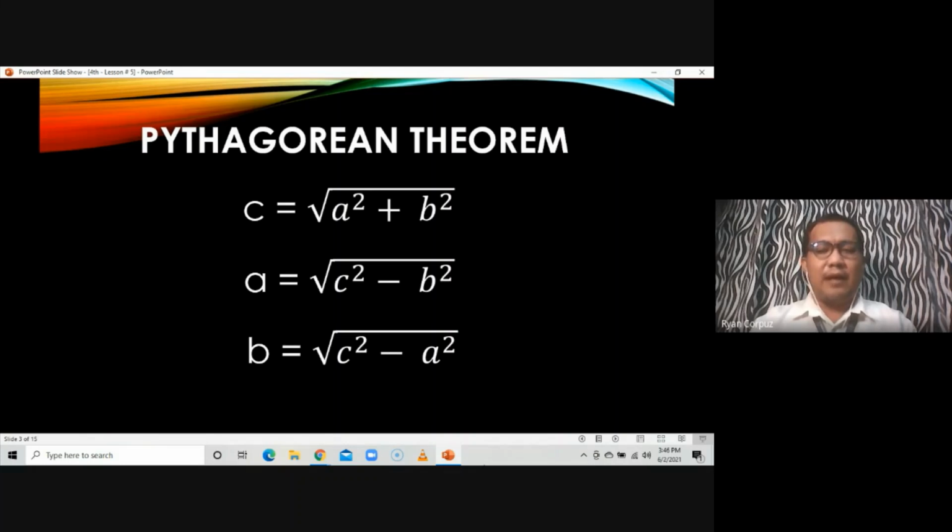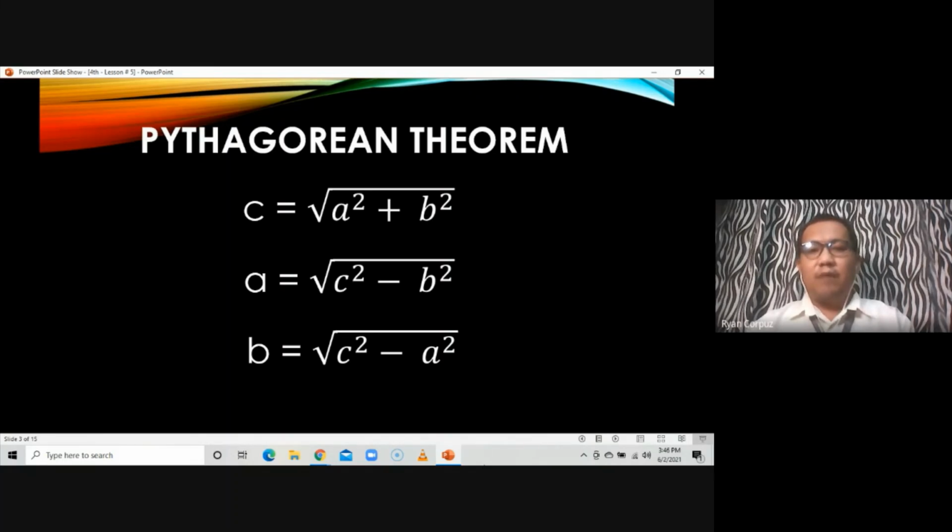So that comes also from the formula of finding the hypotenuse, which is also known as the Pythagorean theorem. So by isolating that equation, we can come up also with a formula for finding the leg of a right triangle.